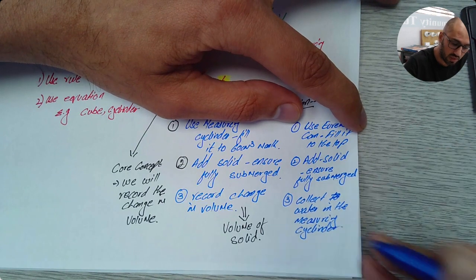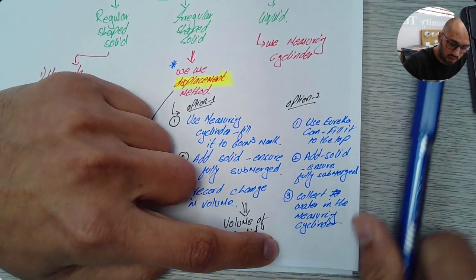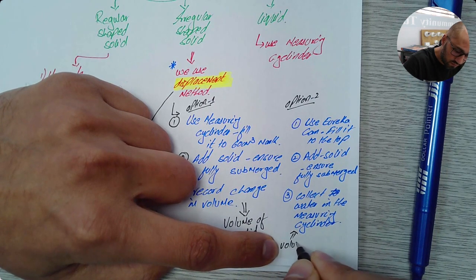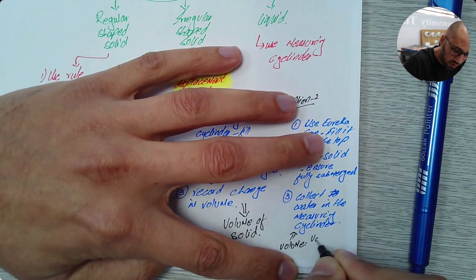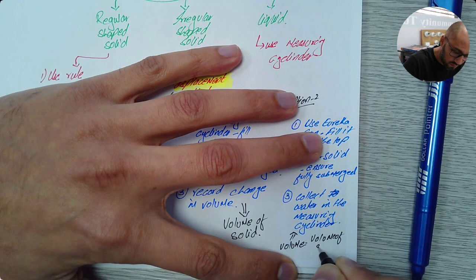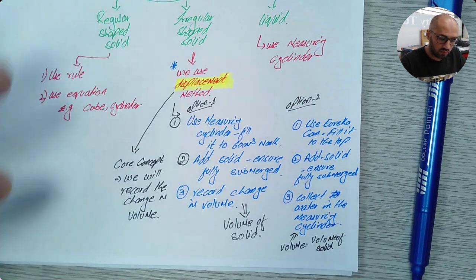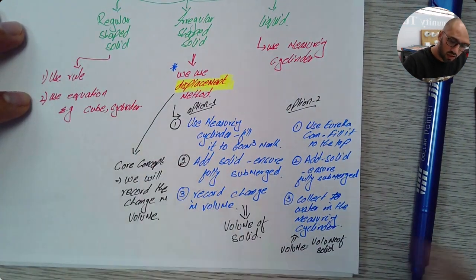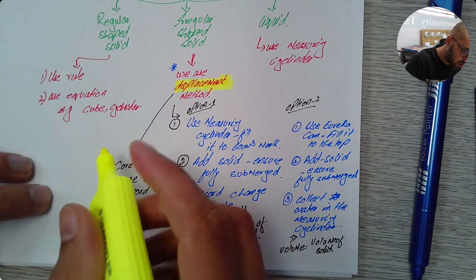That water needs to be collected in measuring cylinder, and this volume here will be volume of solid. So whether you use this method or this method, the main concept is we are recording the change in volume.